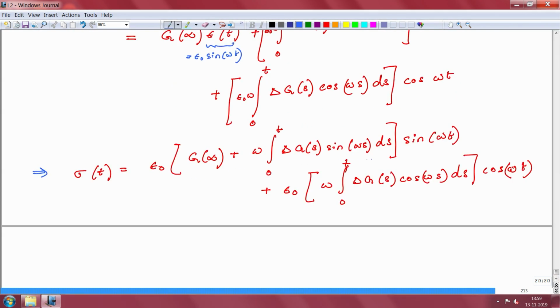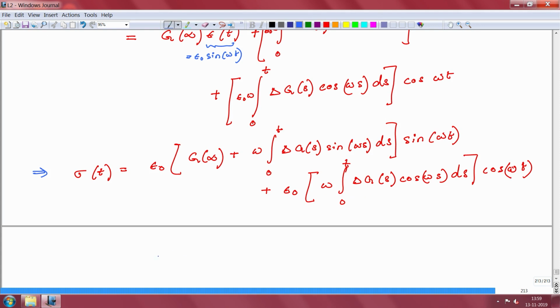This entire quantity right here is an integral that is going to yield us some function of time, right. And this is again something multiplied by sine omega t, and here on the other side you have this quantity which is going to be some function of time again, but that is going to be multiplied by the cosine omega t, right.